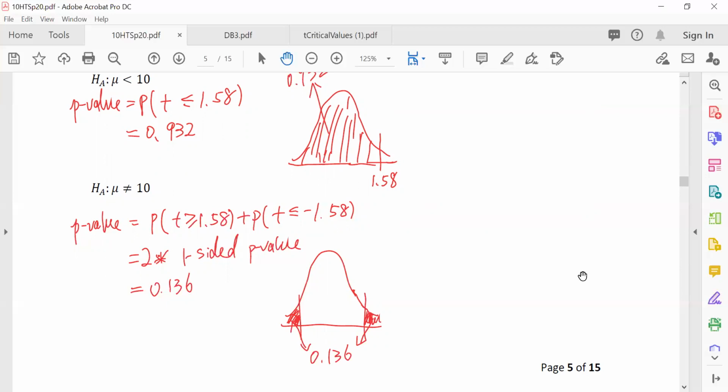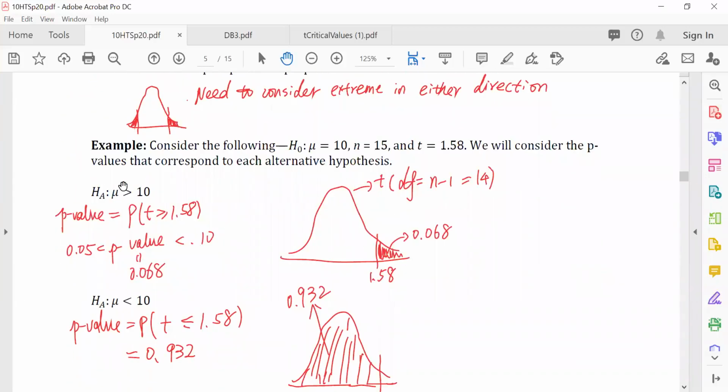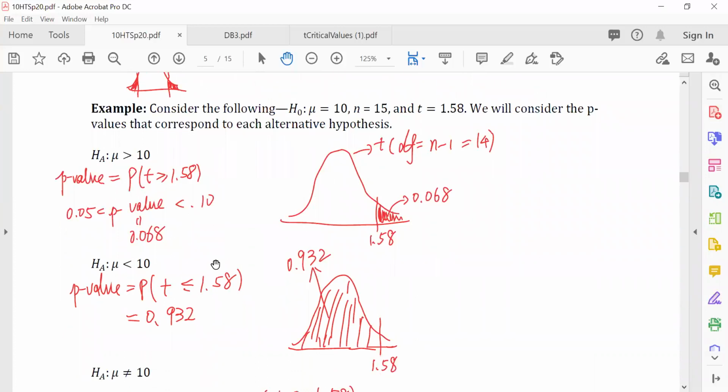Now, some of you may ask, this is t greater or equal to 1.58. This is t less or equal to 1.58. So they both have this equal sign. Is that a problem?